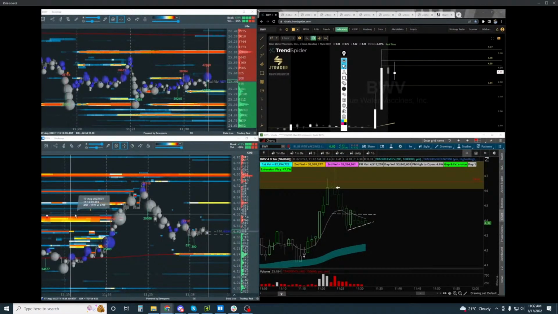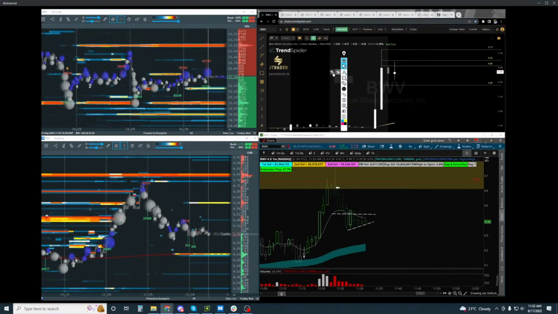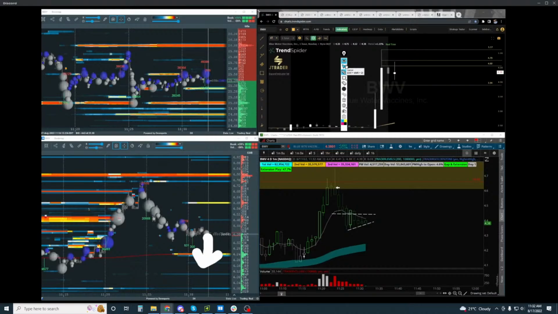Exactly. So you already know what your setup is. Now, what are the participants and the orders telling you? And that is going to provide you an enhanced edge. It's as simple as that.